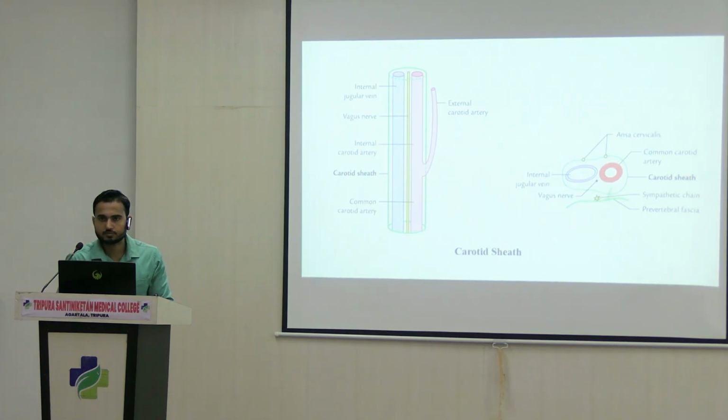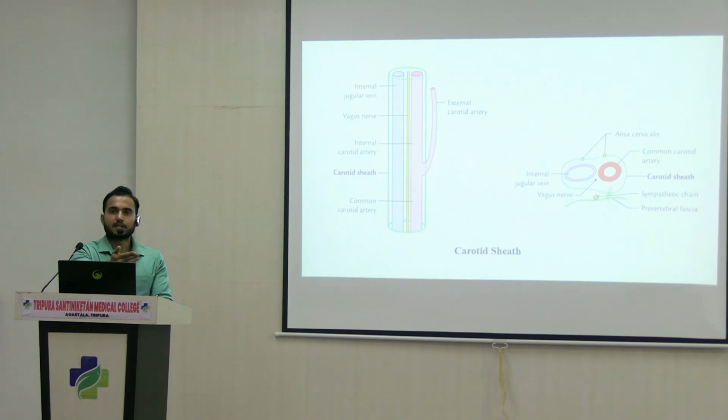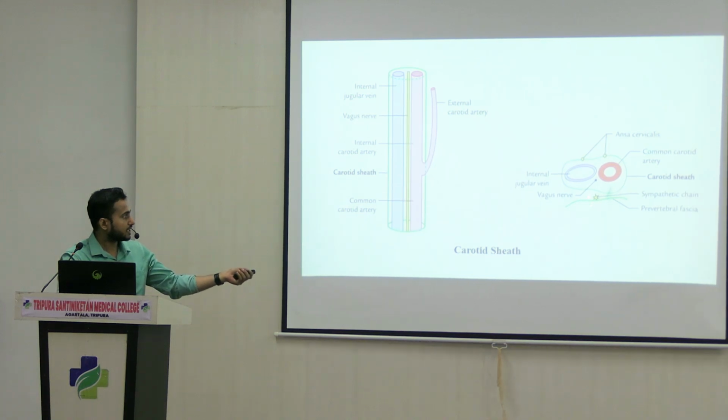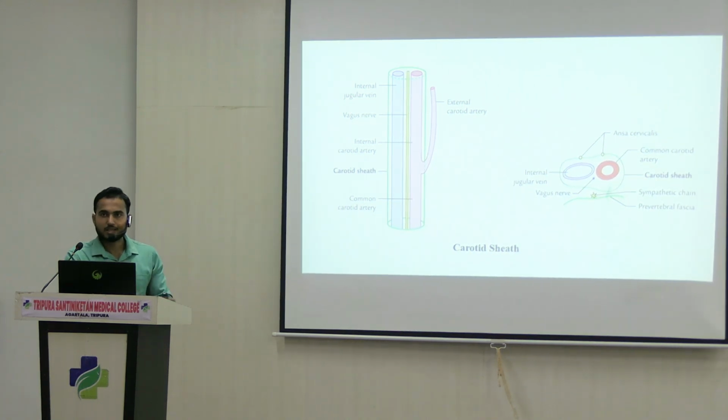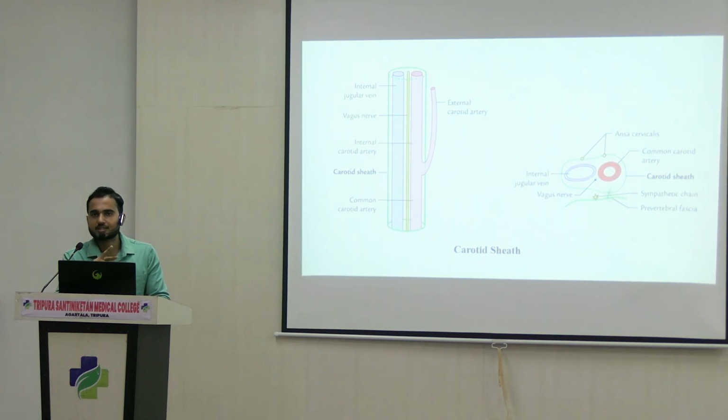Do you remember? No. I know you don't remember because you have not revised. On the anterior wall of the carotid sheath, Ansa Cervicalis is there, and on the posterior aspect, the sympathetic chain is present. Now, what exactly is that Ansa Cervicalis? How is it formed? What are the roots of Ansa Cervicalis? That we'll be discussing.